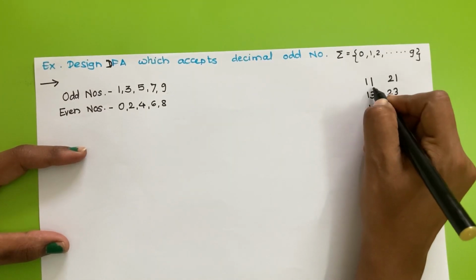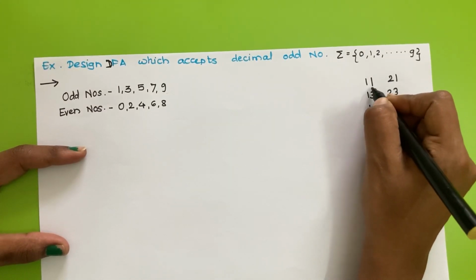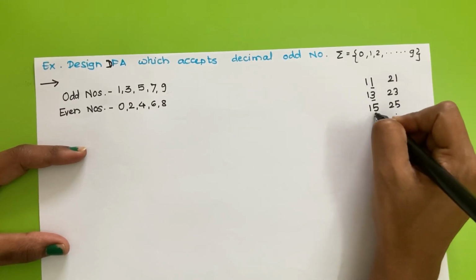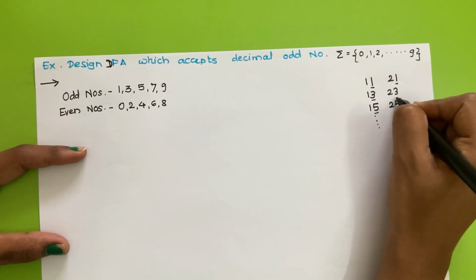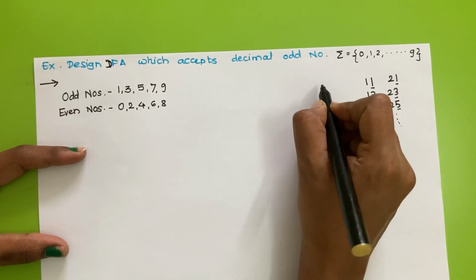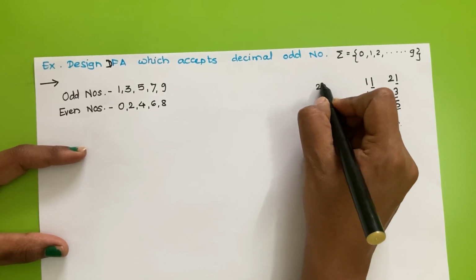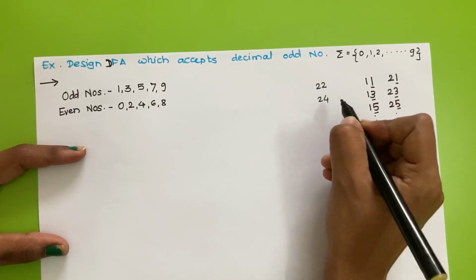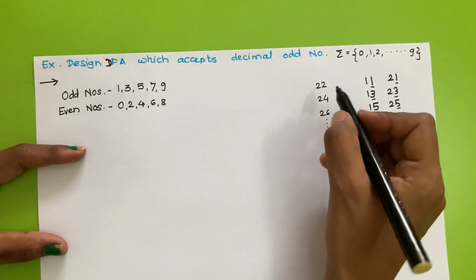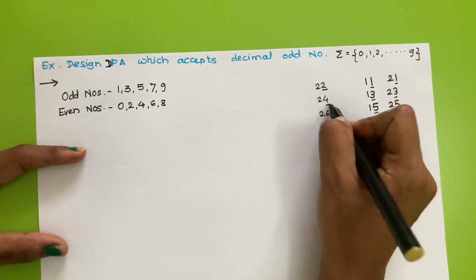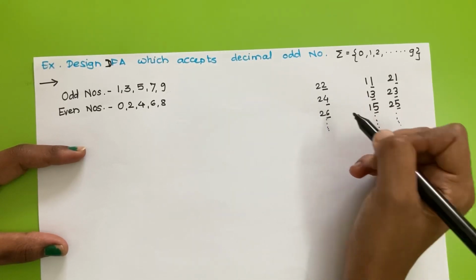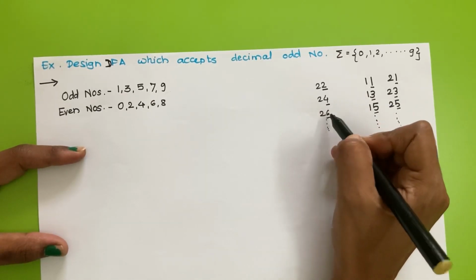If we observe, odd numbers always end with odd digits only. If we consider even numbers, then 22, 24, 26, likewise, and these numbers end with even digits only.